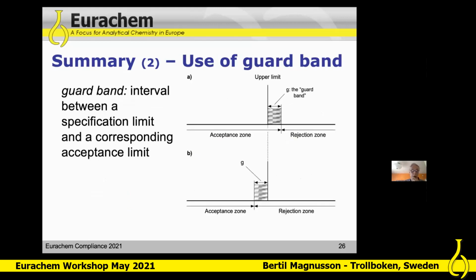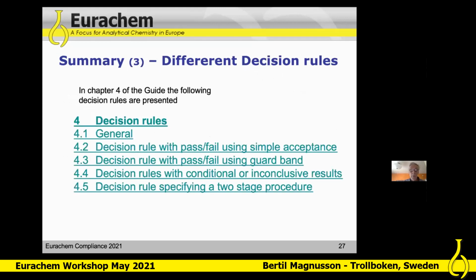So we use a guard band, and here you see a guard band where you put high confidence on correct rejection, and the other is high confidence of correct acceptance. The upper one would, for example, be used in forensics. The lower one was used in the steel, for example.